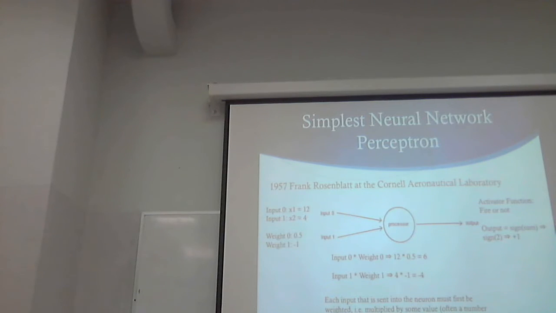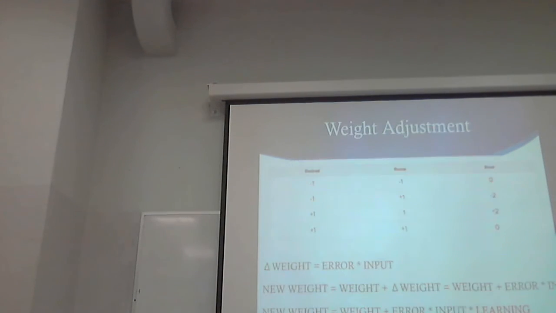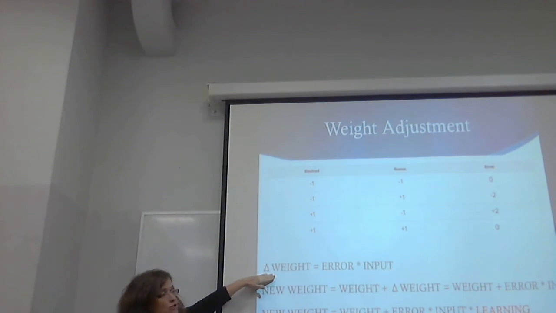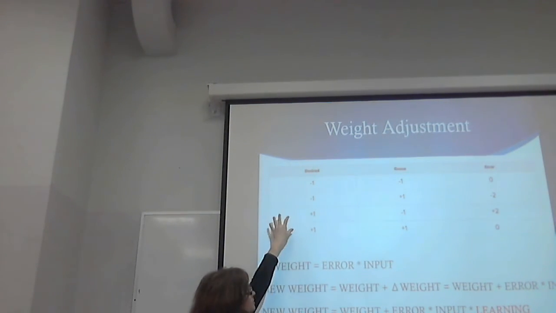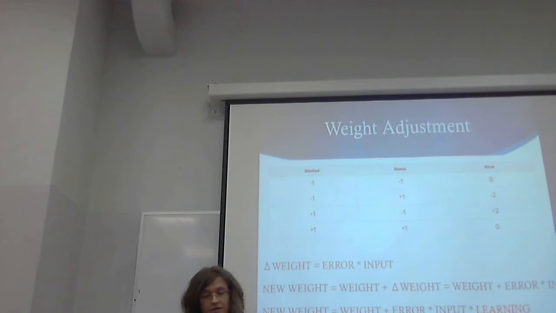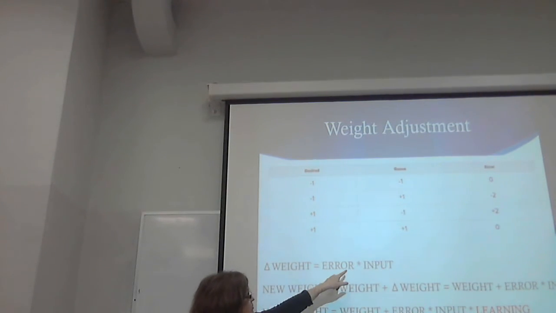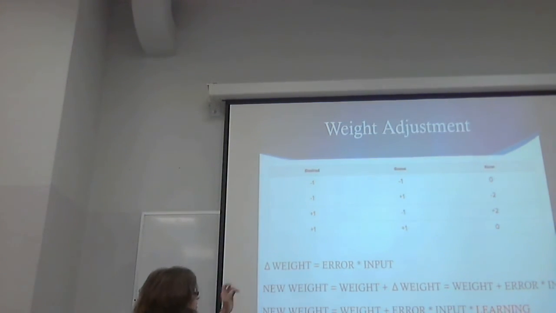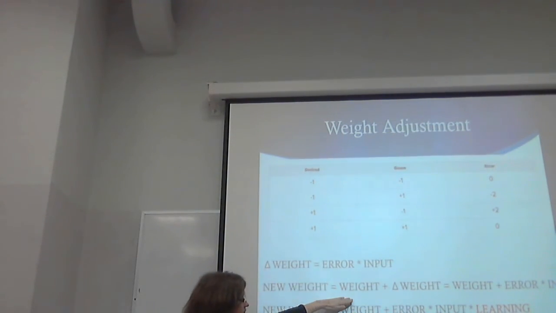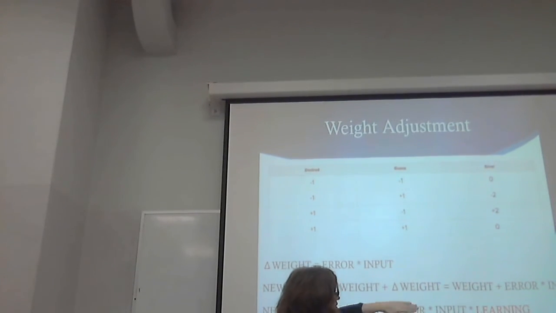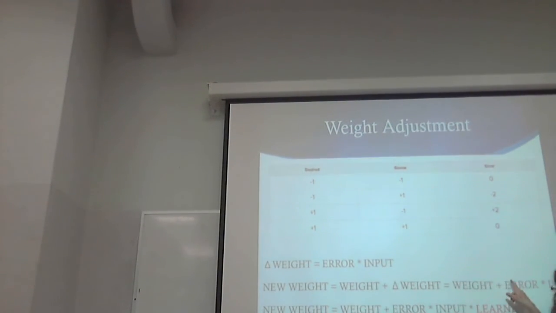But according to what rules? This delta weight would be the error, which I calculated according to strict arithmetic, I did not invent anything, multiplied by the input. So this is true. Then I will have a new weight. The new weight will be the weight plus this delta weight, or you can write it as weight plus error multiplied by input.